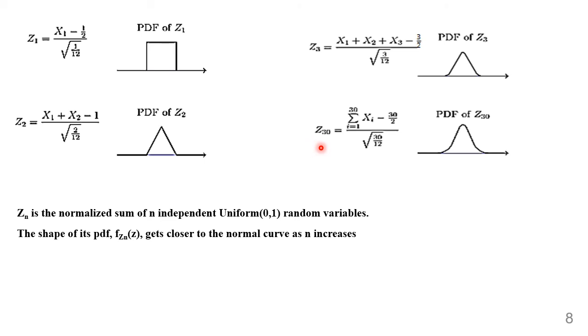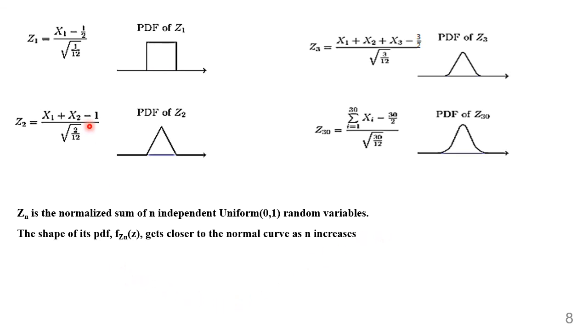Z30, when the value of n goes very large, n value is equal to 30, it is summation of i varying from 1 to 30 of (xi minus 30 by 2) divided by root of 30 by 12. The PDF for Z30 looks like a Gaussian curve. Zn is the normalized sum of independent uniform 0 to 1 random variables, which we have defined in the previous slide.